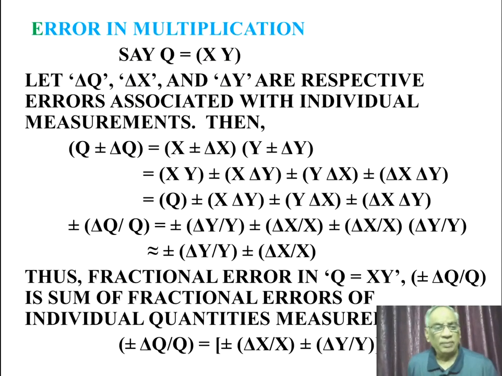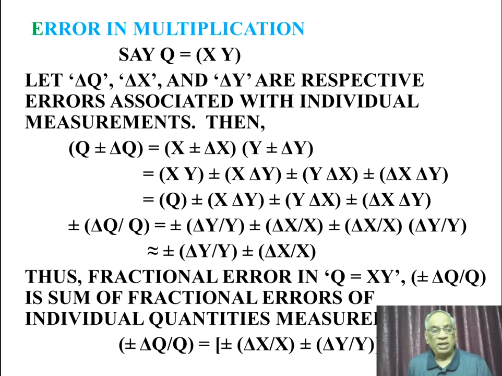If you see multiplication, say q is equal to x into y, then q plus or minus delta q is equal to x plus or minus delta x into y plus or minus delta y. If we do this multiplication, then xy plus or minus x delta y plus or minus y delta x plus or minus delta x delta y.